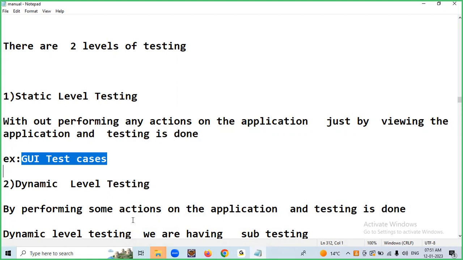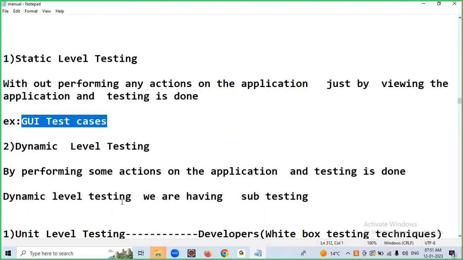So by performing some actions on the application, testing is done, right? So observe. By performing some actions on the application, how are we supposed to test, guys? Like by entering valid data, by entering invalid data, right? So like that. By performing some actions means what? We are entering valid data, invalid data, and testing it.